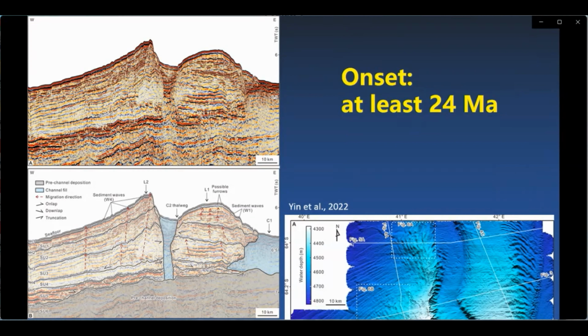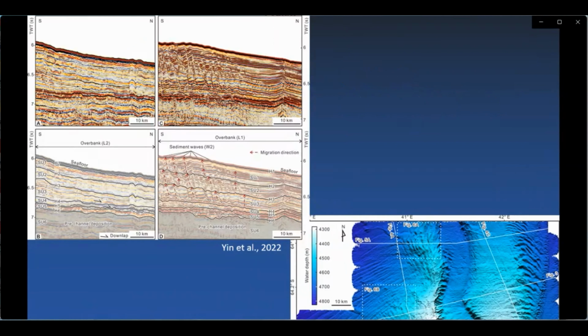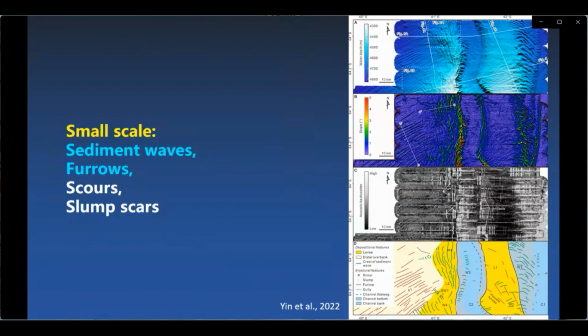The system is about 24 million years old, and here are two other seismic profiles along the channel, where we can clearly see the overbank deposits and some migration of sediment waves.